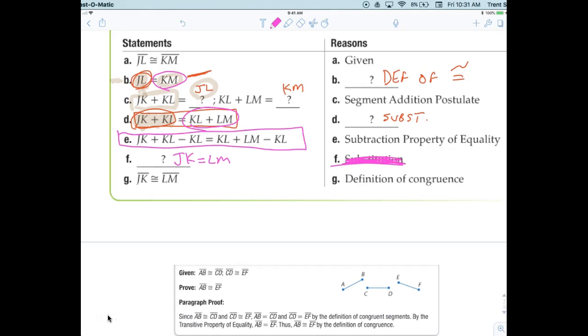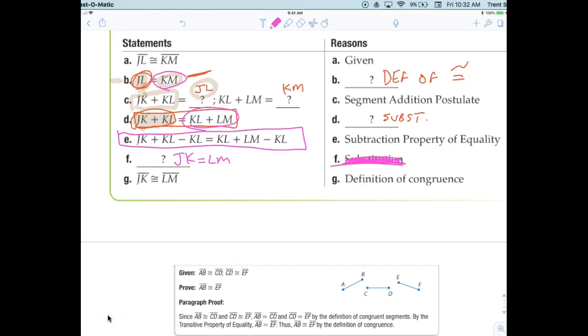Everybody with me? If I'm at this step, we go directly to this step because what did I do to both sides? Subtracted KL from both sides. If I subtract KL from both sides, I get JK is equal to LM. That is the subtraction property of equality. Everybody happy with that explanation?